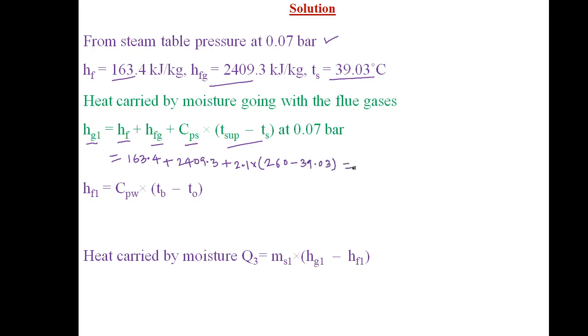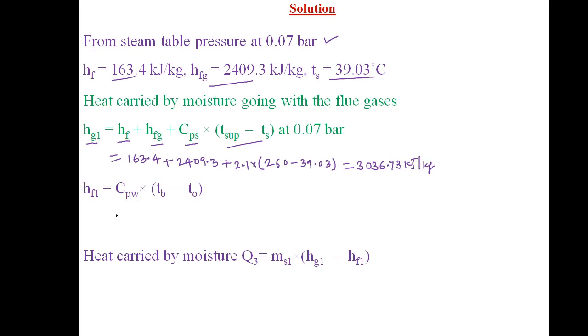On simplification we get Hg1 as 3036.73 kilojoules per kg of fuel.